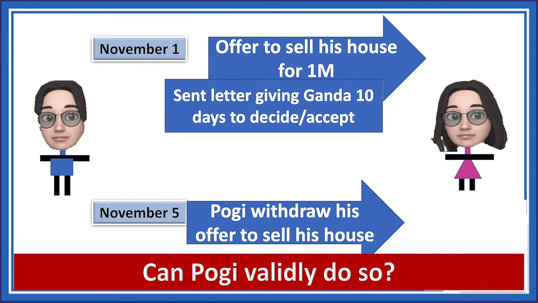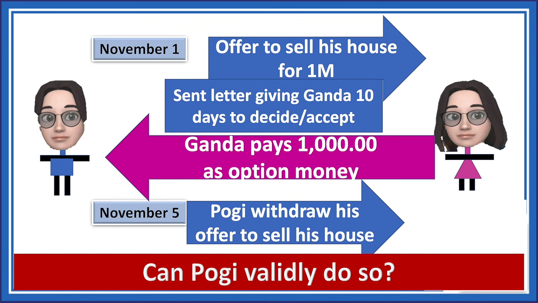Halimbawa, ganito. Dun sa senaryo nga na sinabi natin kanina, suppose itong si Ganda, nagbigay siya ng pera kay Pogi worth, sabihin na natin, 1,000 pesos as an option money. So, pag yung question is, can Pogi withdraw within the 10-day period? Dito, hindi na. Why? Because the offer is founded on a consideration.